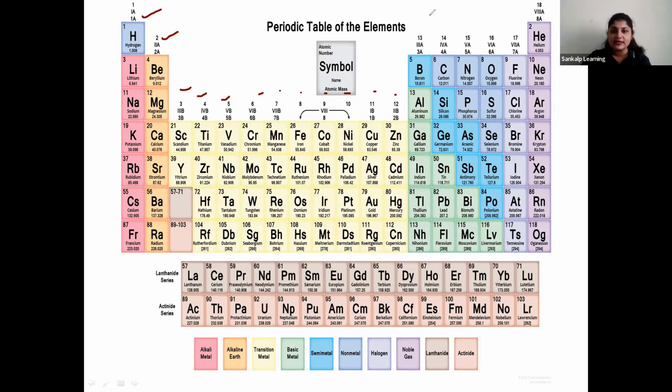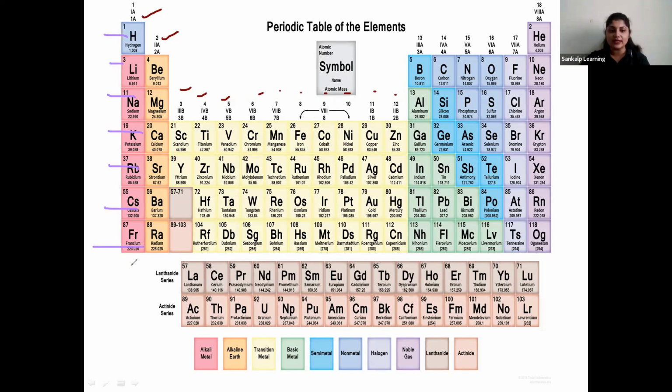And these horizontal lines, 1, 2, 3, 4, 5, 6, 7, these 7 horizontal rows are called periods. So how many groups are there? 18 groups, the 18 vertical columns.